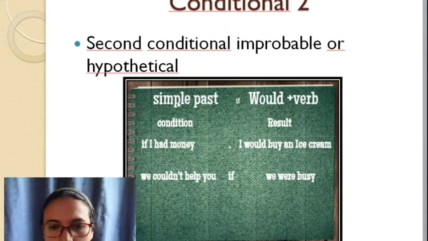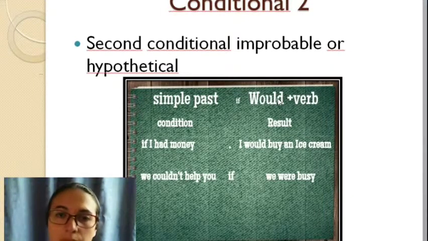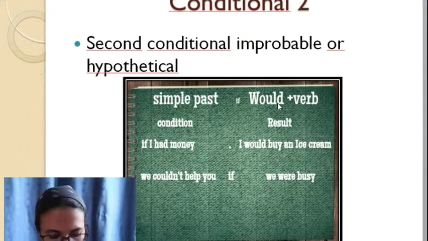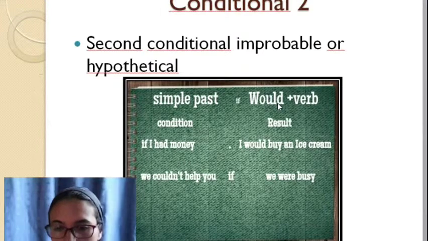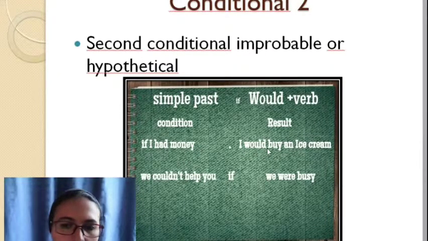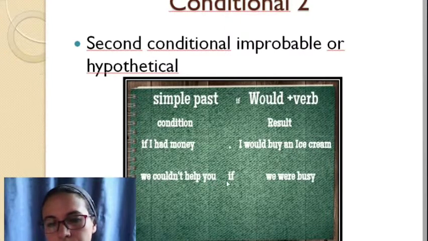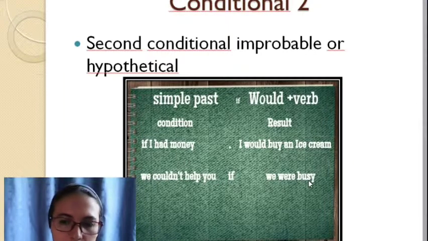The first part is simple past, if, then would plus verb. Would or other modal verbs; you can use should, could, or the other modal verbs. If I had money, I would buy an ice cream. We couldn't help you if we were busy.